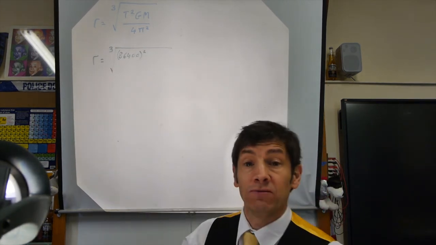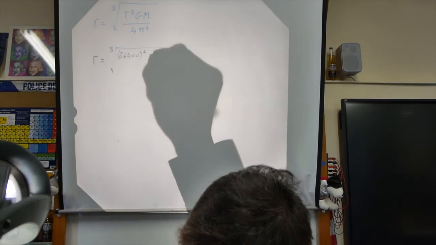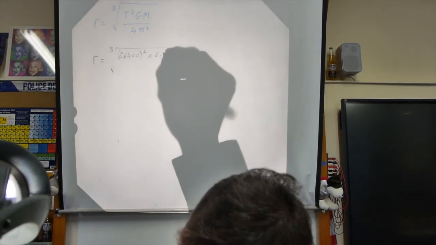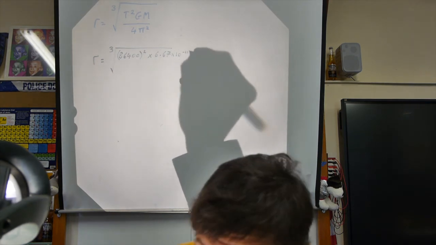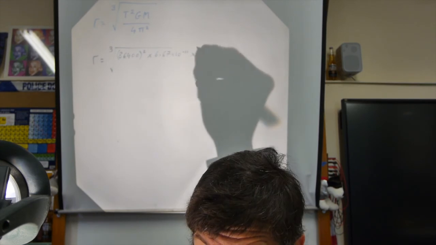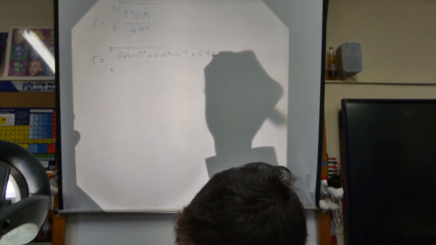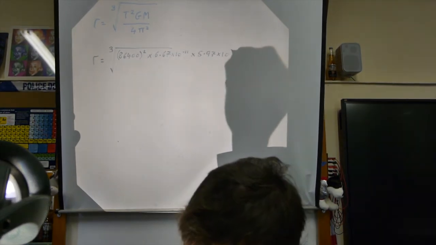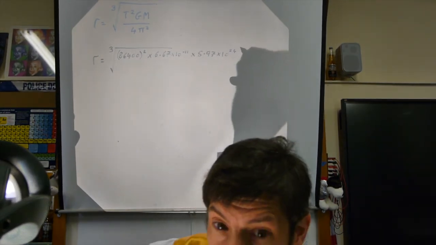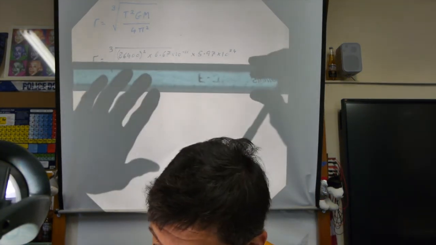I think that number is given on the formula sheet if I remember rightly. Times by G, 6.67 times 10 to the minus 11. Times by the mass of the Earth, 5.97 times 10 to the 24. This is all in the right units. And then we divide that lot. Going to need a ruler to do this.